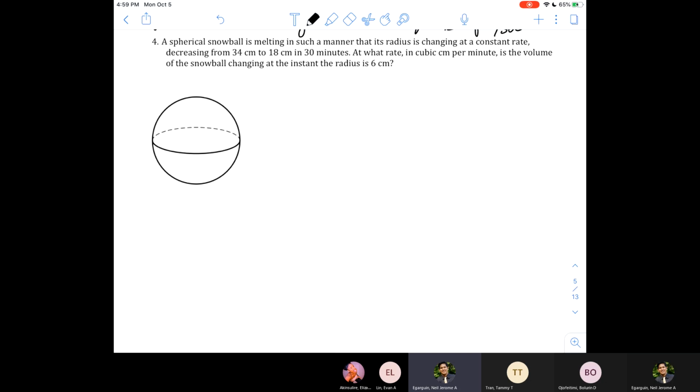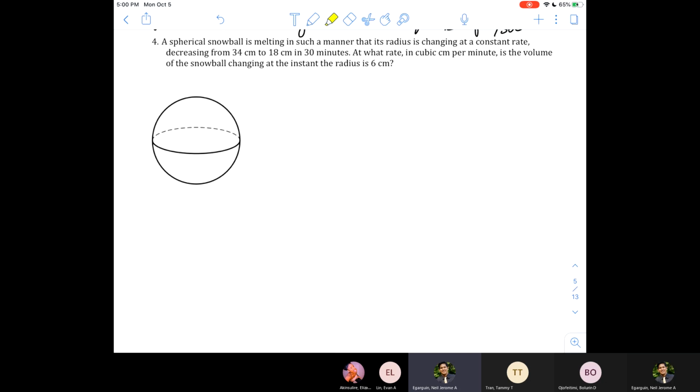A spherical snowball is melting in such a manner that its radius is changing at a constant rate, decreasing from 34 centimeters to 18 centimeters in 30 minutes. At what rate, in cubic centimeters per minute, is the volume of the snowball changing at the instant that the radius is 6 centimeters? Okay. All right. So what is being asked in the problem?